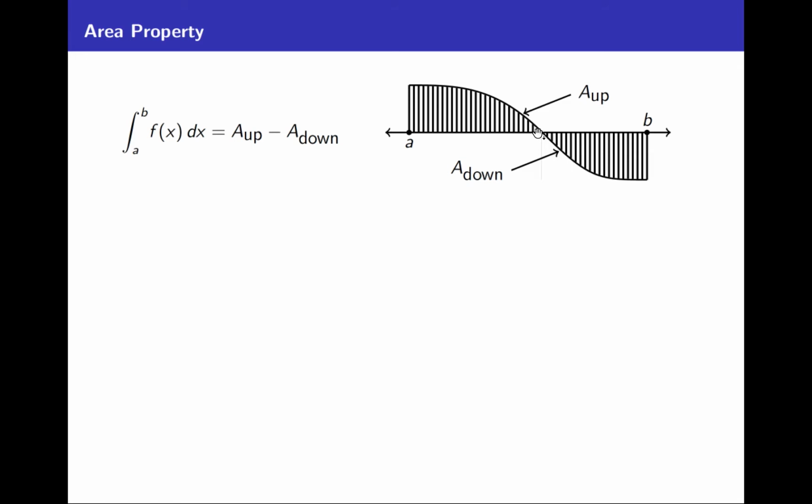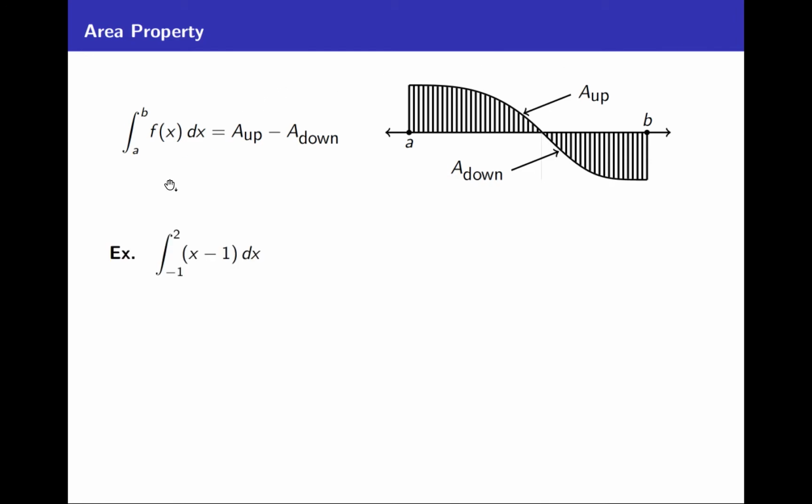But where the function falls below the x-axis, those rectangles would have negative height: you take f of the sample point, and you get a negative number. So when you work out the Riemann sum, you have a positive contribution for the rectangles above the x-axis and a negative contribution for the rectangles below the x-axis. In the limit of Riemann sums, where you have the definite integral, that just translates to A up minus A down.